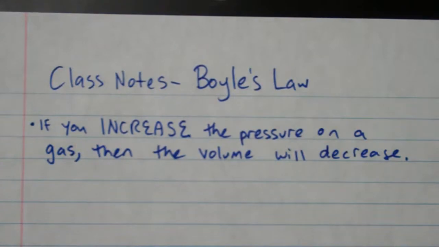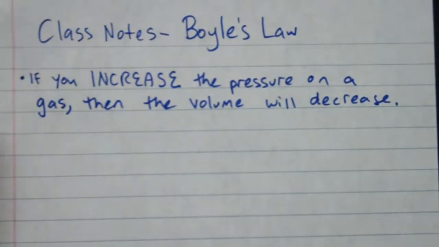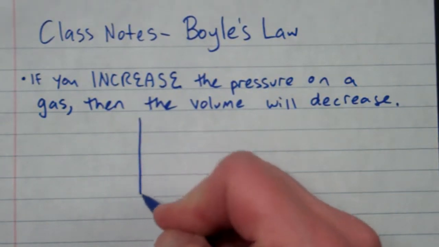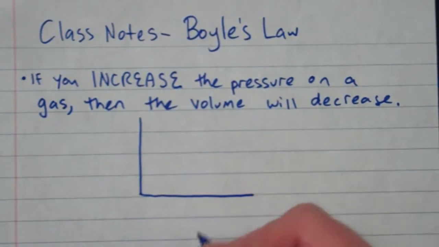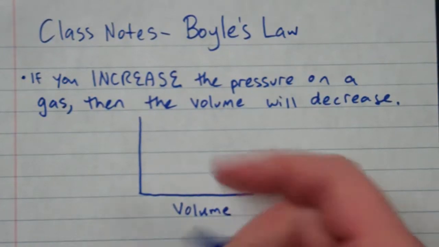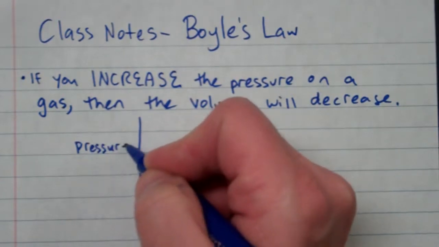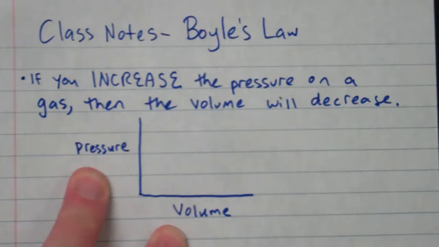Yesterday we drew a graph for Charles' law. We're going to draw a graph for Boyle's law as well. It's going to look a little bit different, okay? So our x-axis is going to be volume this time, and our y-axis is going to be pressure. So for Boyle's law, you can see that we're dealing with these two variables, pressure and volume.